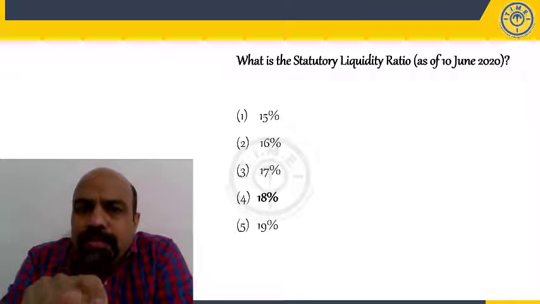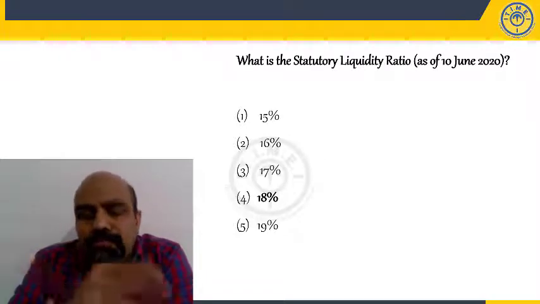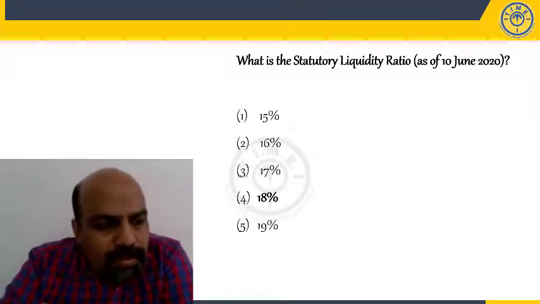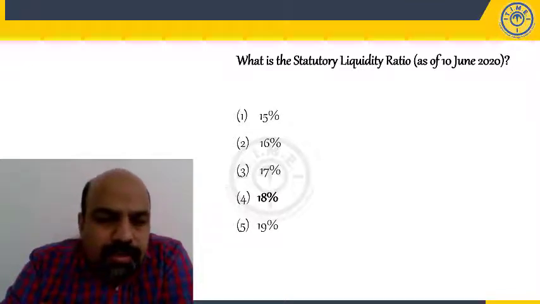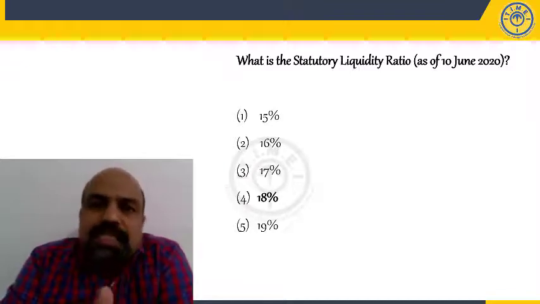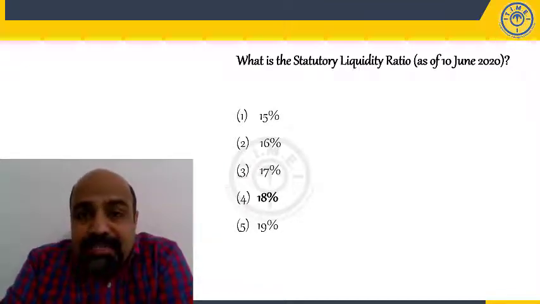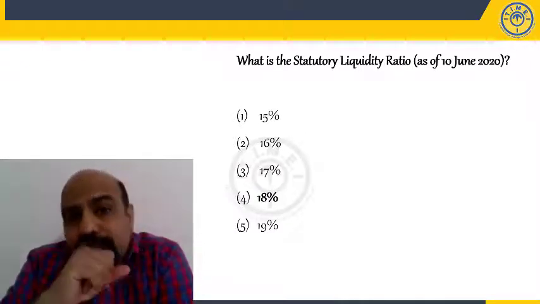The current SLR is 18%, as of, you may want to write the date. So 18% a bank has to keep in gold, government securities, everything. It can keep it with itself, not with the RBI. So 18% plus 3% with CRR, how much? 21%.